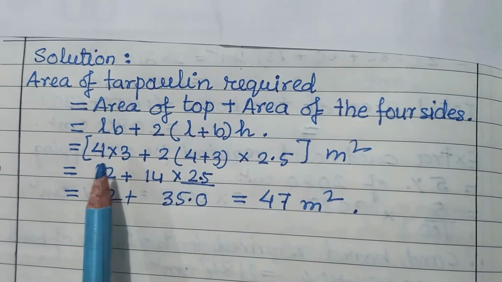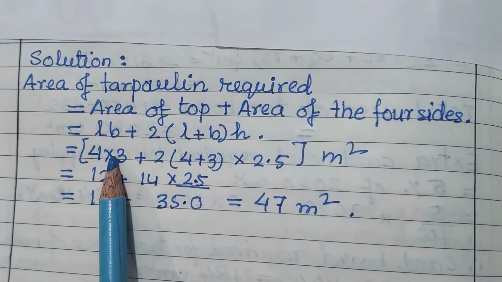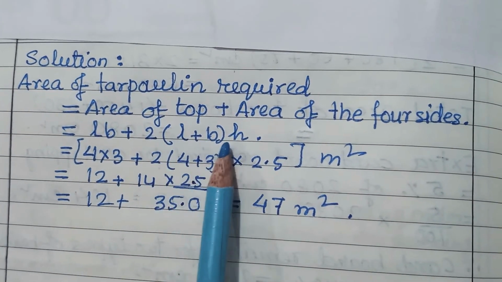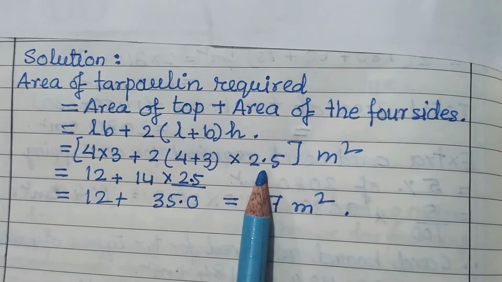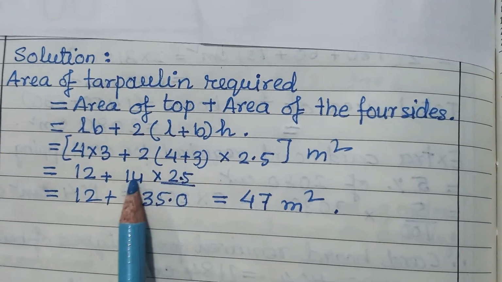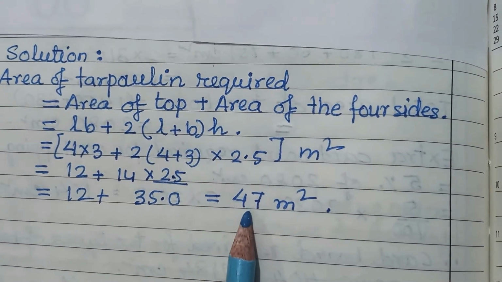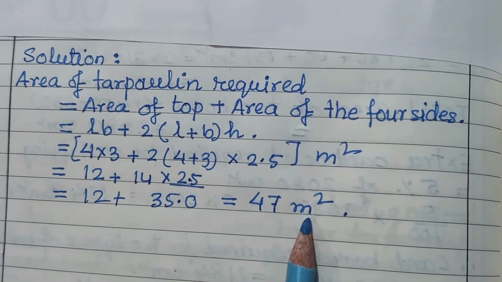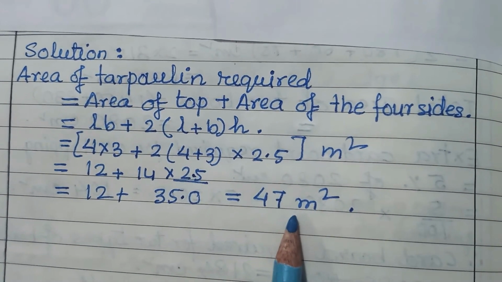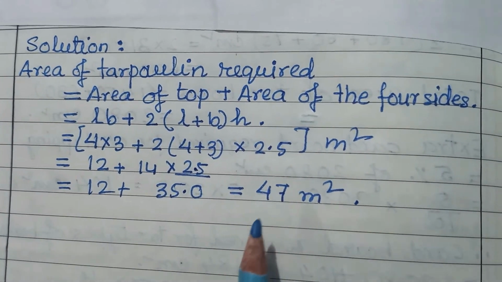That is length into breadth for the area of top, and 2 into length plus breadth into height for the walls. Now it is 12 plus 14 into 2.5, 2 sevens are 14 into 2.5, that is coming 47 meter square. Okay, this much meter square of tarpaulin is needed.